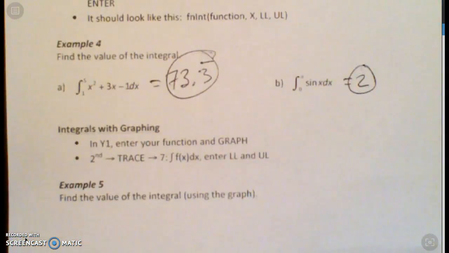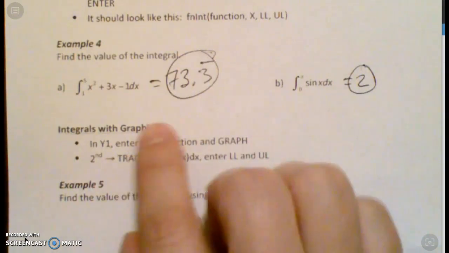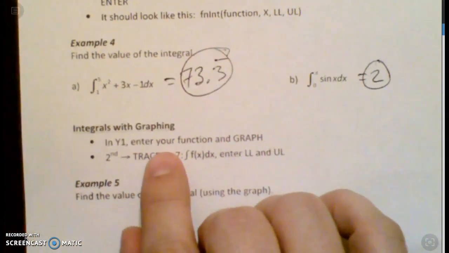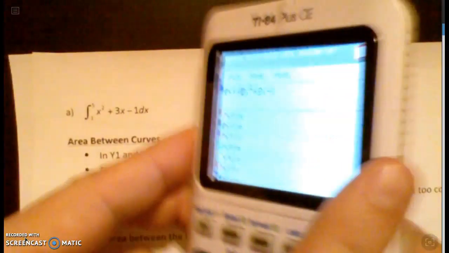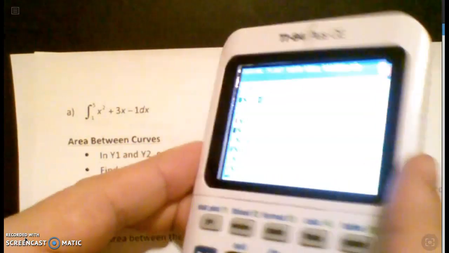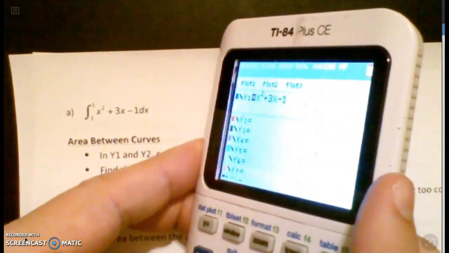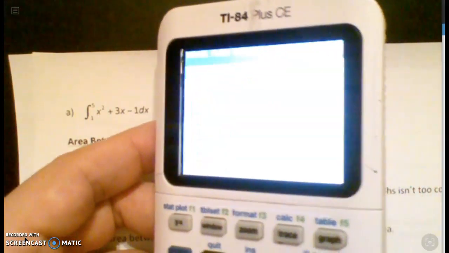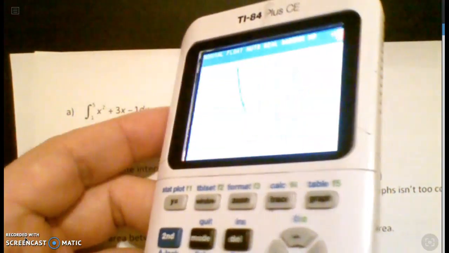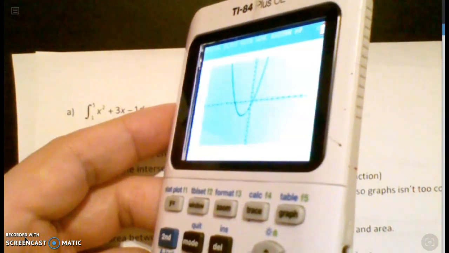Here's a different way to find an integral, which I showed some people in class. A good way to check your answer is you can do it with graphing. So if I type that exact equation in my y1, the x squared plus 3x minus 1, and I go to graph it, zoom 6, you know, it's a parabola, right?